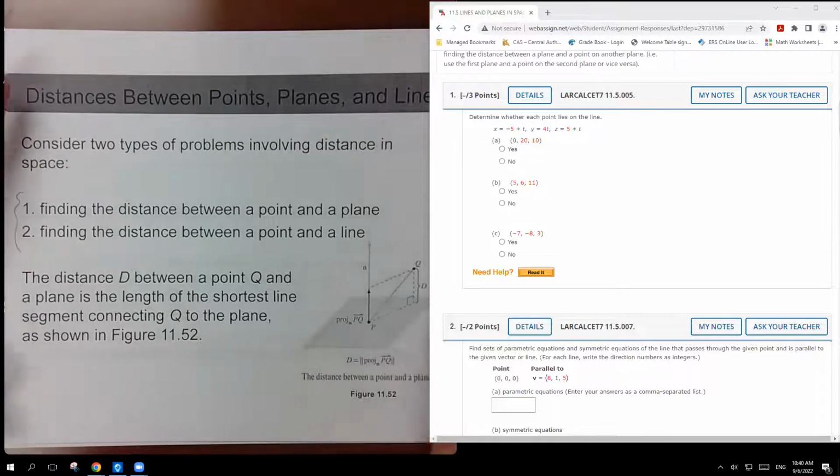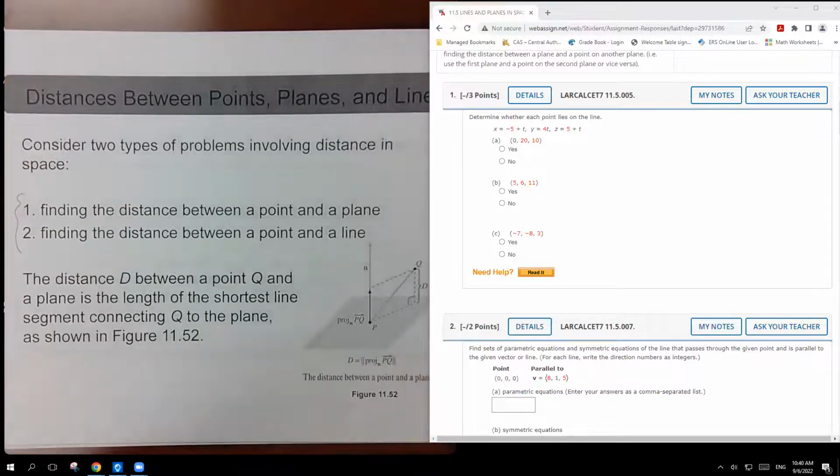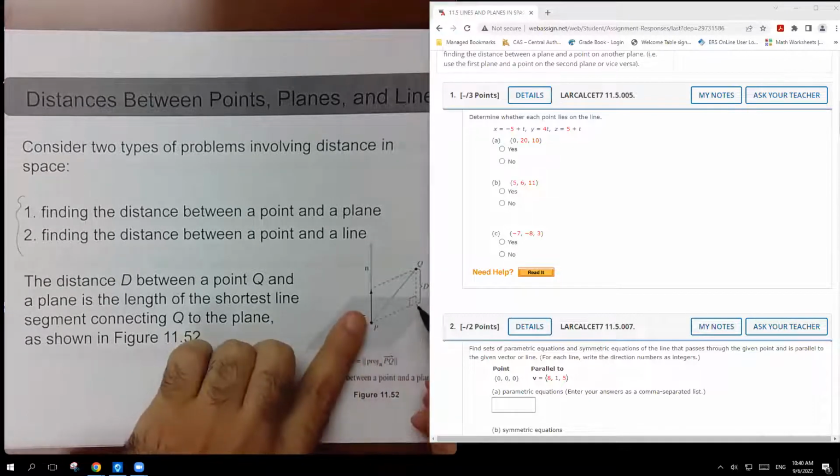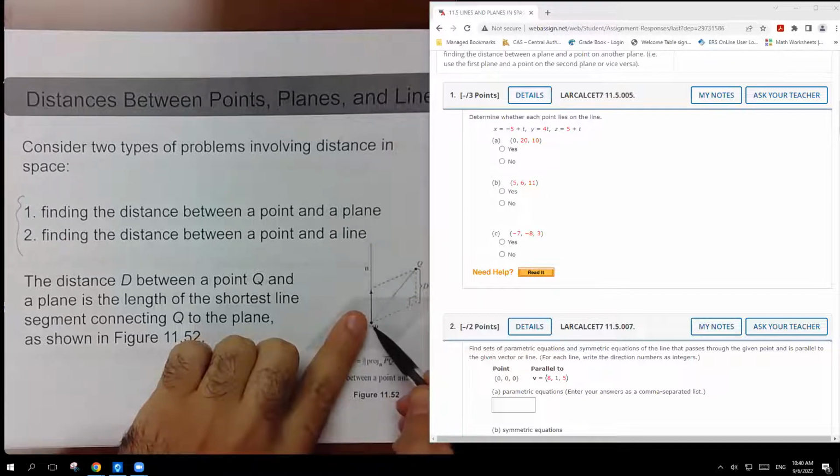So if you look at this graph, we're going to study the distance between the point P and a point Q. That means, you see P, it belongs to the plane, and Q is a point outside the plane. You need to find the distance between the plane and the Q. What are we going to do?